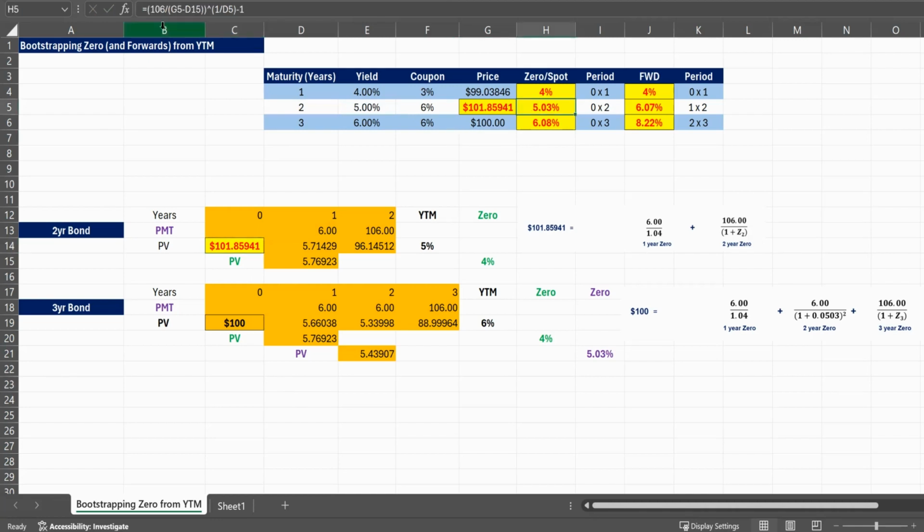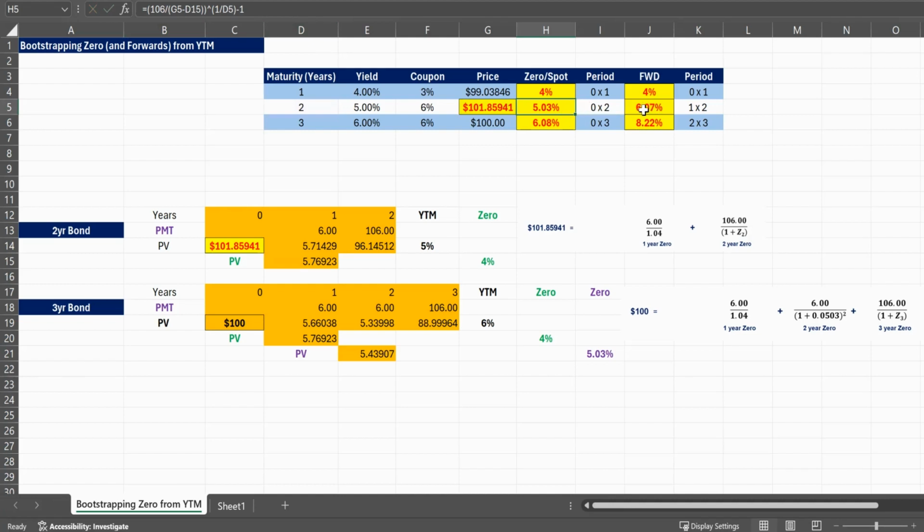Now, from that information, we can derive our 2-year zero rate. And as we saw through the long-handed calculation on the slide, it's so much easier here on Excel. We're taking the second year's cash flow, $106, dividing that by the bond's price minus the first year's present value, and taking the square root of that. That came back, as you well know, with a rate of 5.03%.